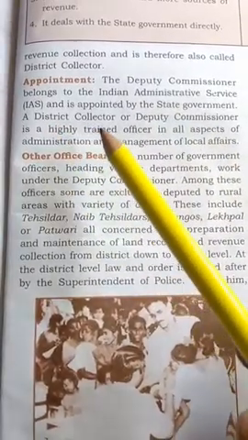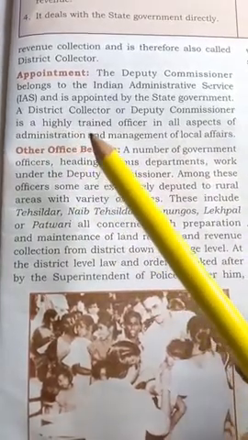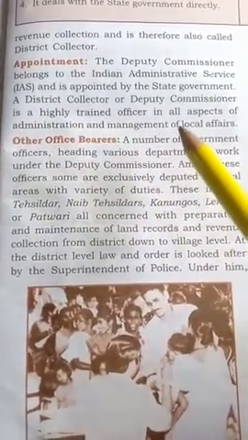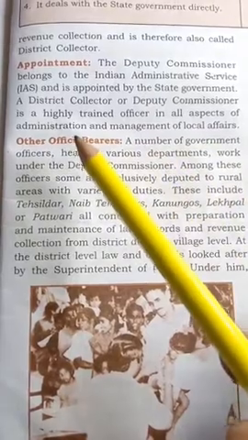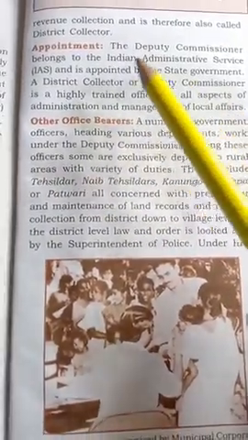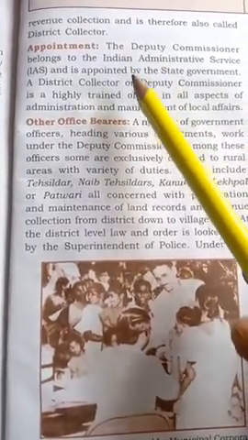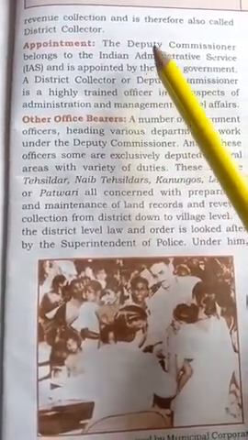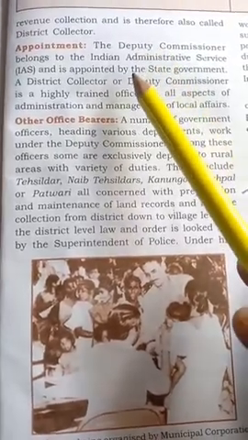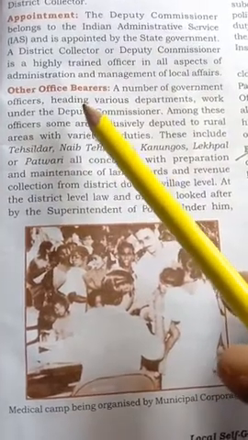A district collector or deputy commissioner is a highly trained officer in all aspects of administration and management of local affairs. Means they are highly experienced and talented persons because they get training to manage local affairs.